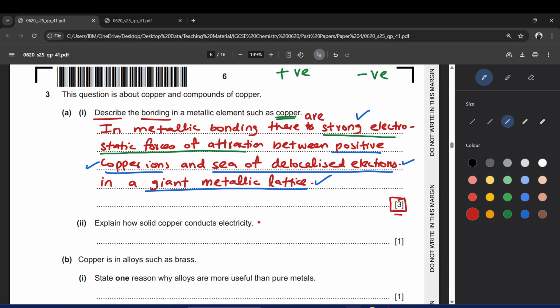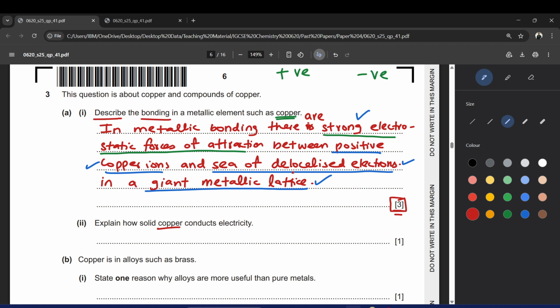The next part is: explain how solid copper conducts electricity. Now, how do metals conduct electricity? These delocalized electrons, which are traveling throughout the structure, are responsible for conducting electricity. Because they can move, they can flow.